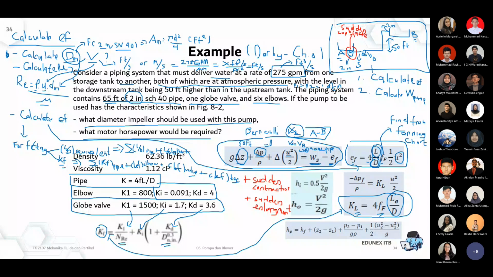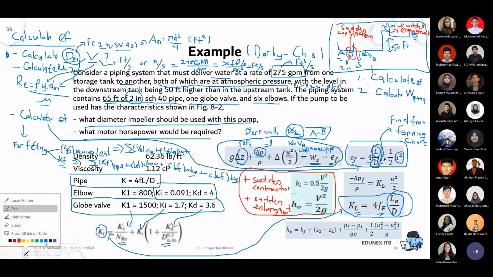Over here, where the nozzle from 2 inches opens to the big tank, that's where you have your sudden enlargement. Hopefully Pak Wawan already explained to you the formulas for sudden enlargement and sudden contraction. So at the end of this step, you should be able to get your overall EF.